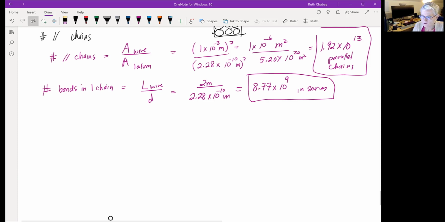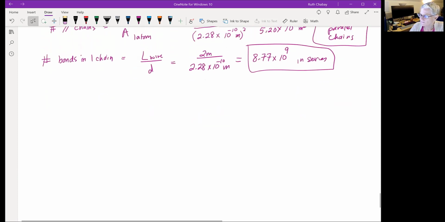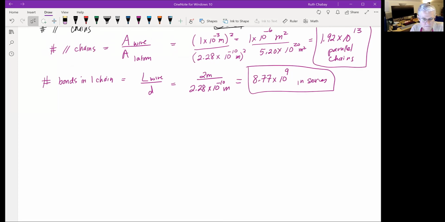And so from our earlier work, we see that the effective spring stiffness of the whole wire is equal to this interatomic spring stiffness, the thing we're interested in, times the number of chains, since the more chains there are, the stiffer it is, and it's divided by the number of atoms per chain.